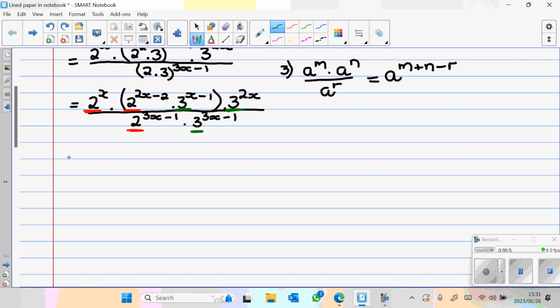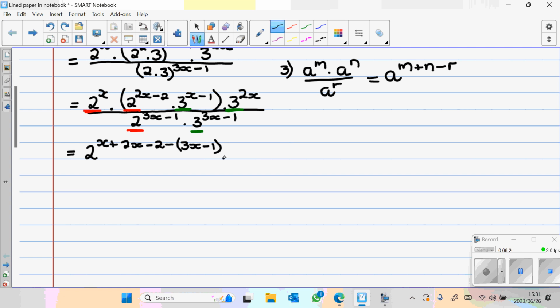So what I'm going to do is it becomes 2 to the power x plus 2x minus 2 minus, and because it's more than one term, I put it in a bracket because the minus is going to influence that.